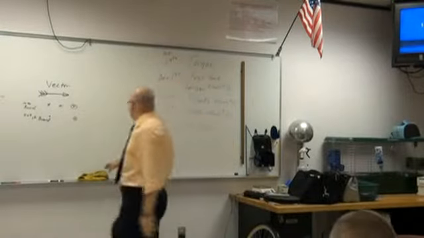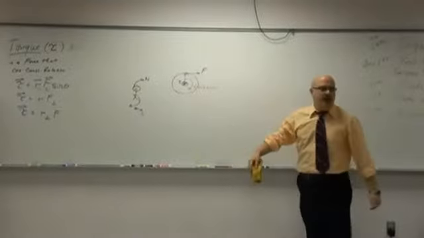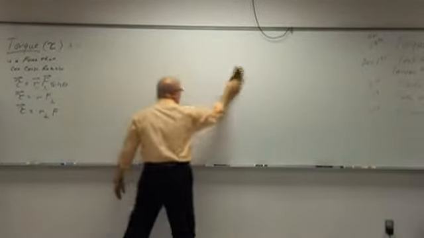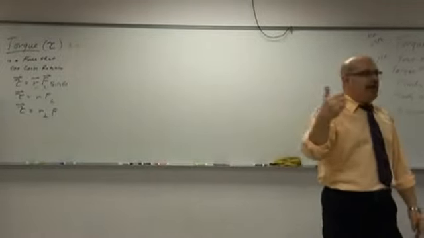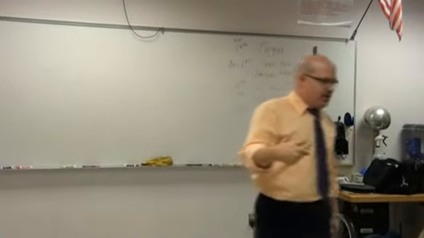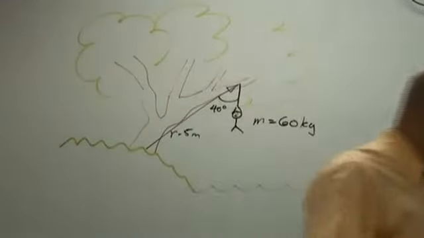And on the AP, what do they require? On the AP, clockwise, counterclockwise is perfect. I just want to get you into the mode of thinking about that vector because you're going to need that when you get to magnetism.